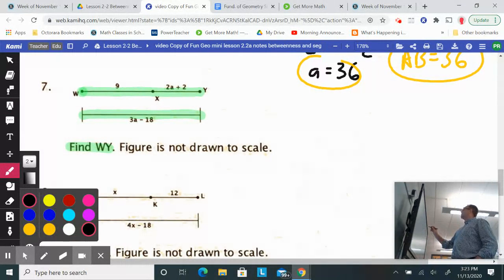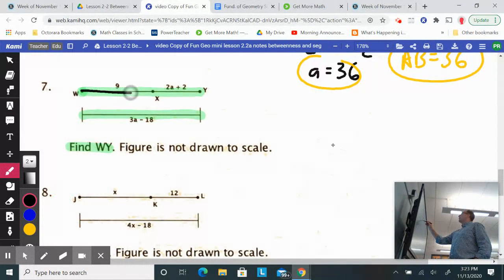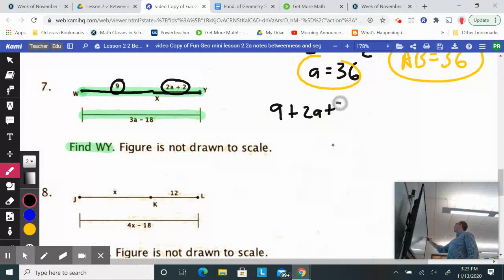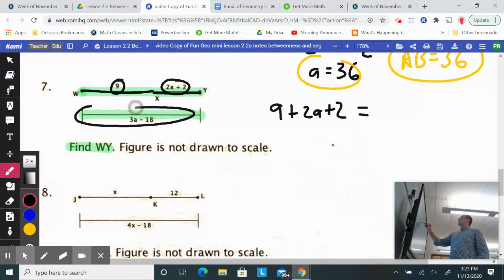Here's my equation. I know that W to X, which is 9, and from X to Y, which is 2a plus 2, if I add those together, 9 plus 2a plus 2, it's going to equal the whole distance of 3a minus 18.